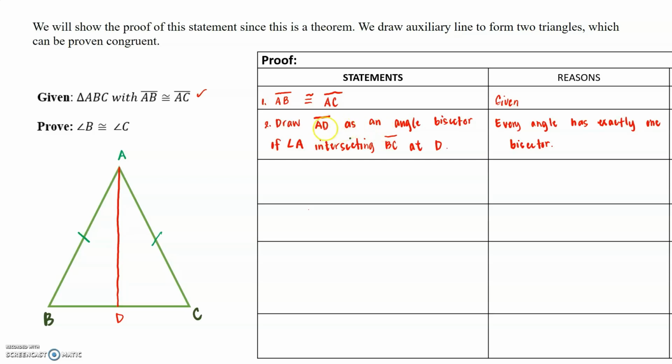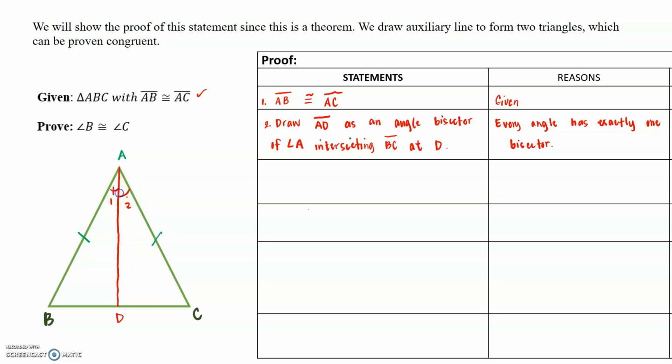A. So meaning to say, segment AD divides angle A into two equal parts. So we have already formed two angles now. Let's name this one as angle 1 and angle 2. Since segment AD is an angle bisector of A, then segment AD divides angle A into two equal parts.